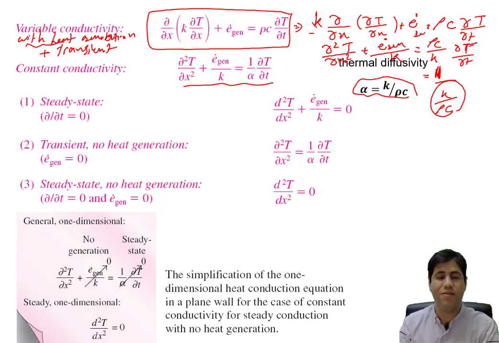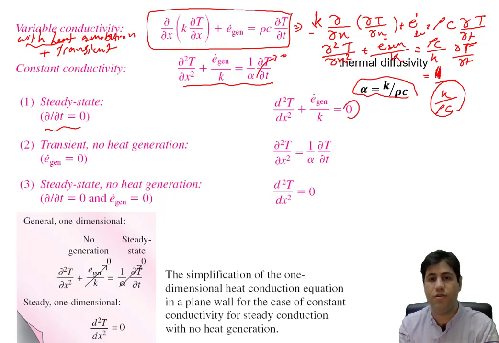The other special case is constant conductivity and steady state. It means the temperature doesn't change with time. This term will be 0, so the right side will be 0. This equation will be simplified like this.